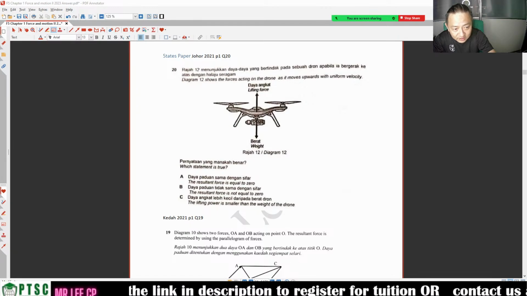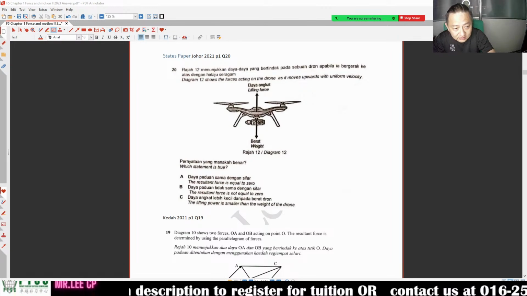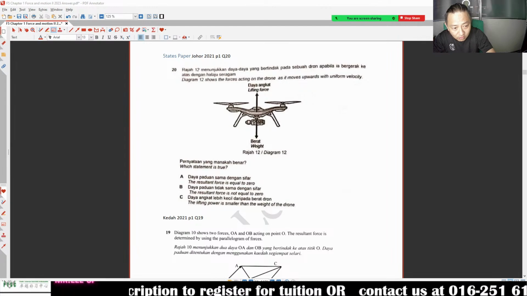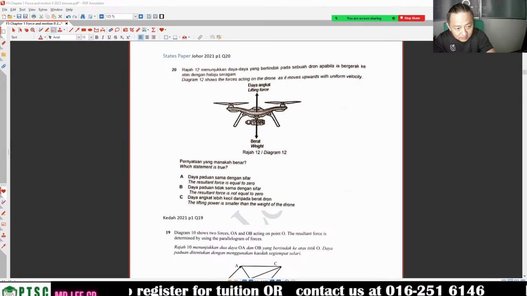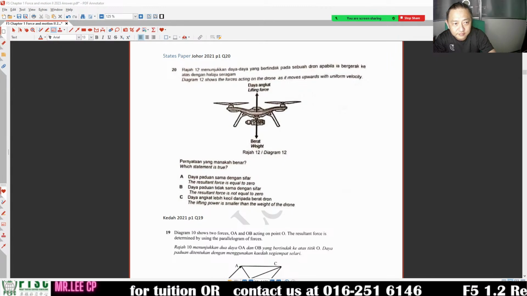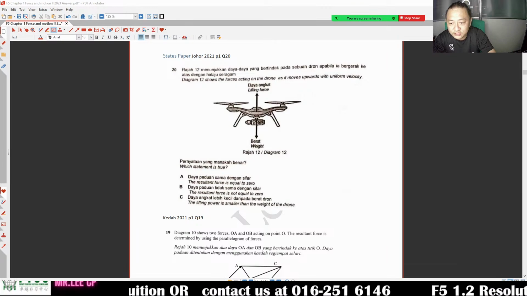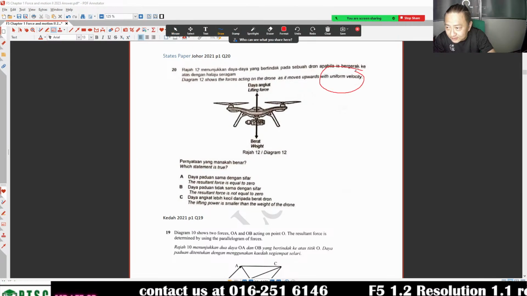Question number 20. Answer A or B or C. The keyword.